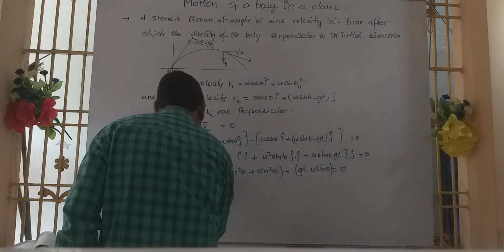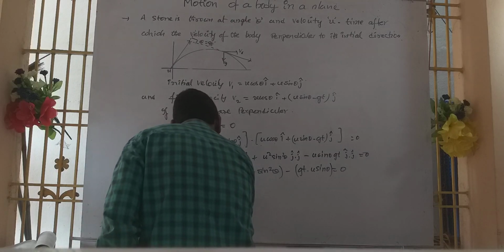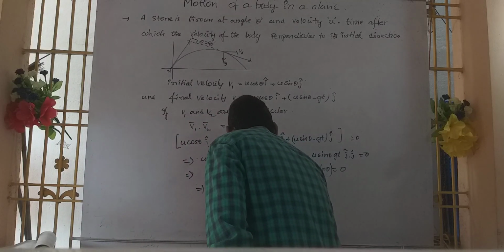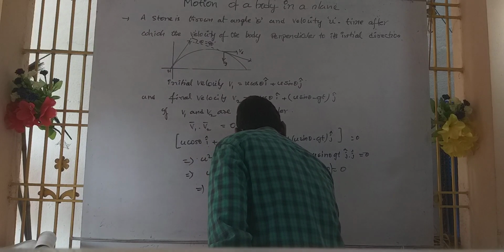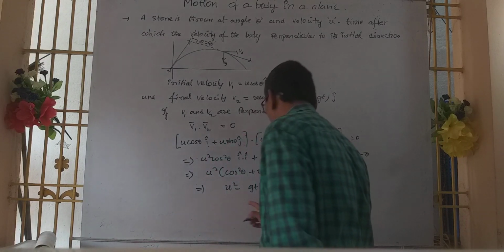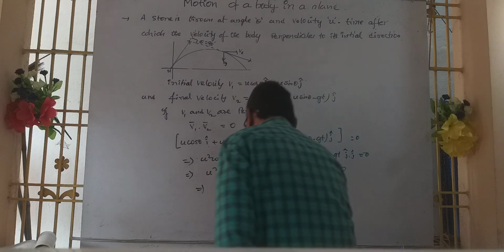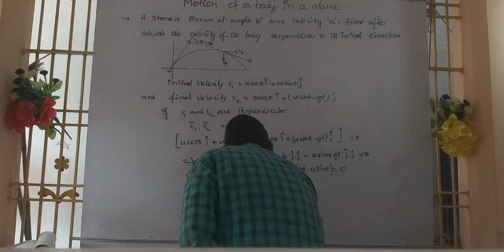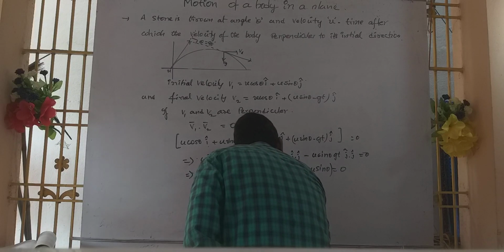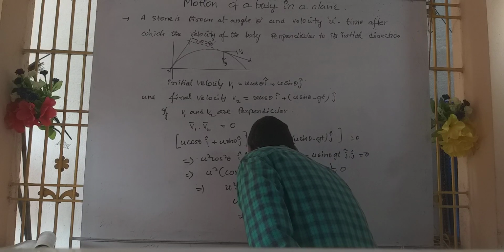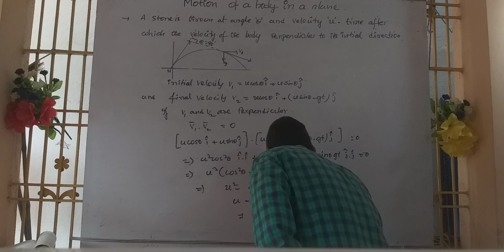That implies u square minus gt u sin theta is equal to 0. Taking u as common and moving to the right-hand side, u minus gt sin theta is equal to 0, which implies t is equal to u by g sin theta.